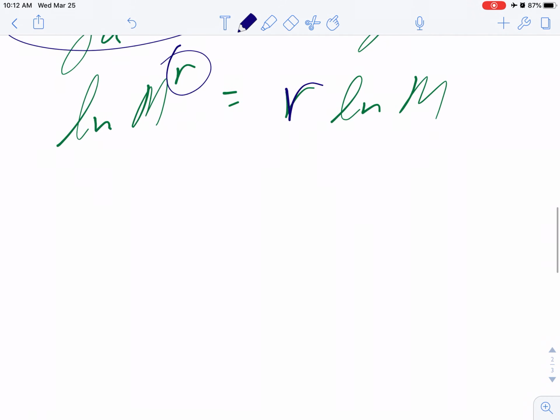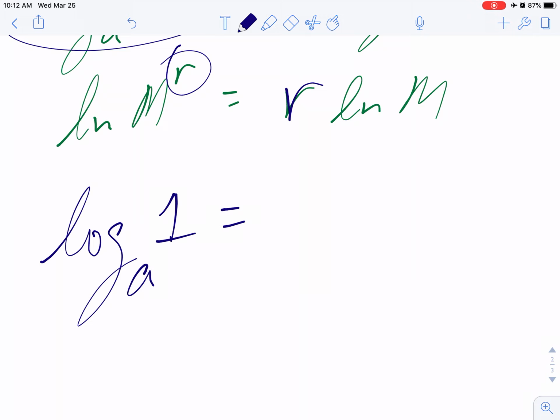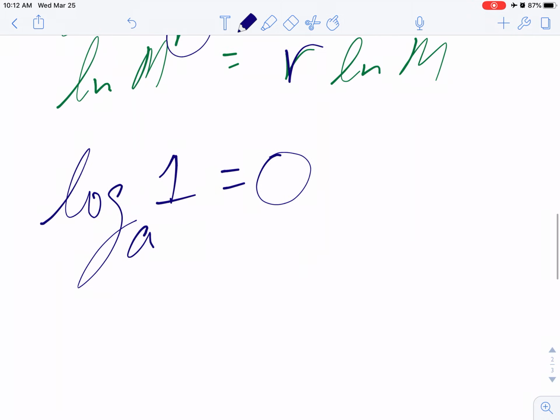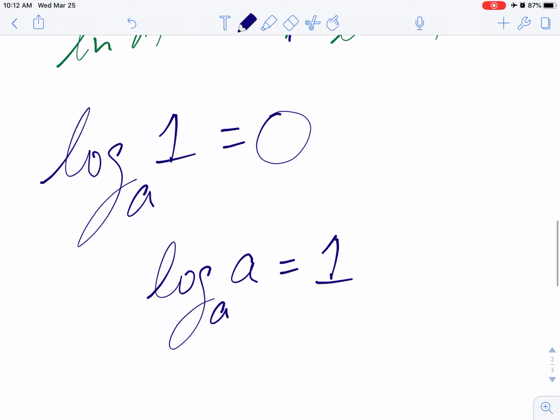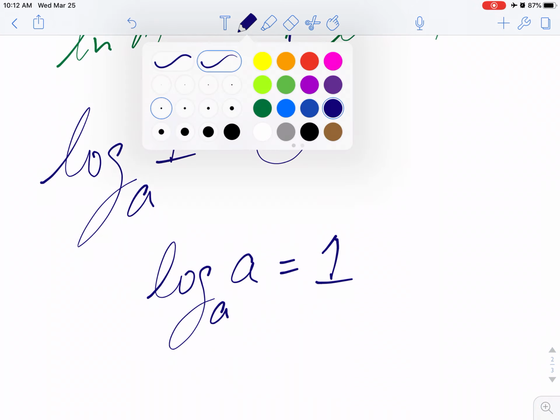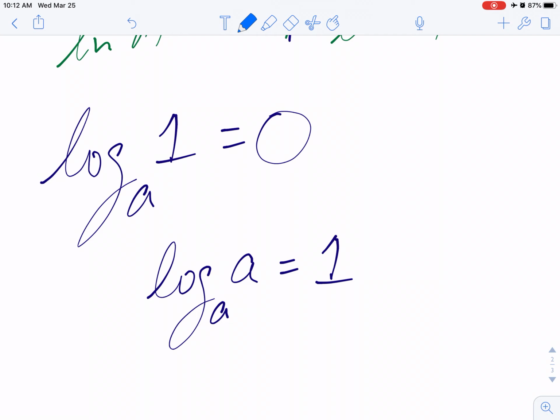Okay, and the last little minor ones I didn't even type up here, but I'll remind you. Log base a of 1 is always equal to 0. Log base a of a is always equal to 1. If you can remember that one, that's going to save you a little time when you go through the homework.